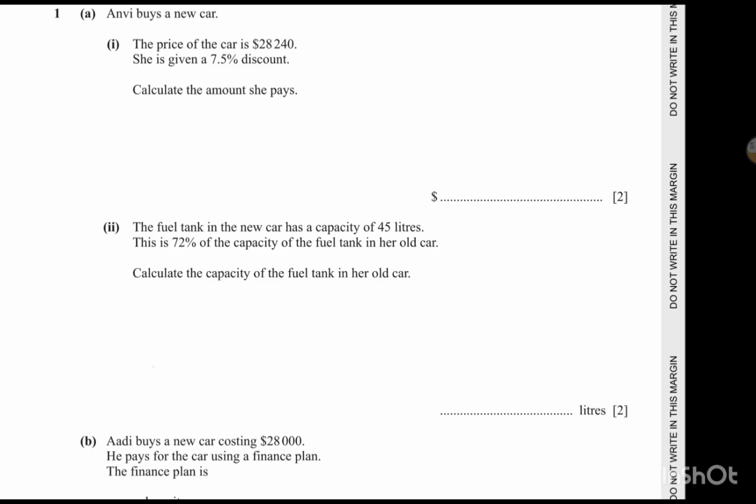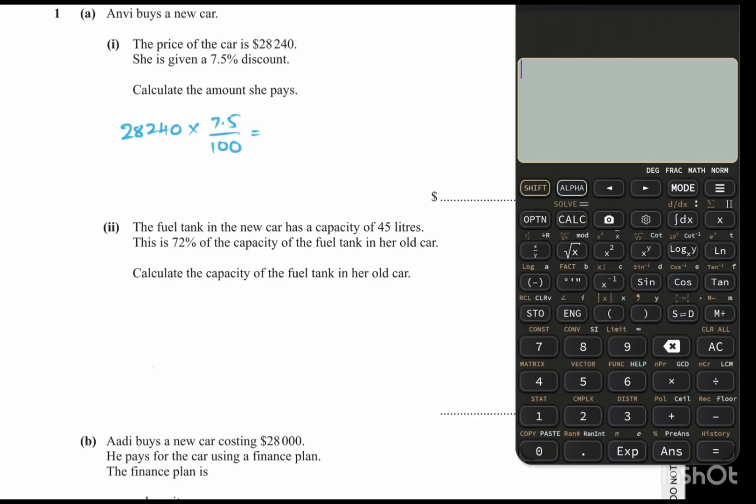So we'll find out the discount here, taking the original price $28,240 into 7.5 by 100. This will be the discount using calculator.